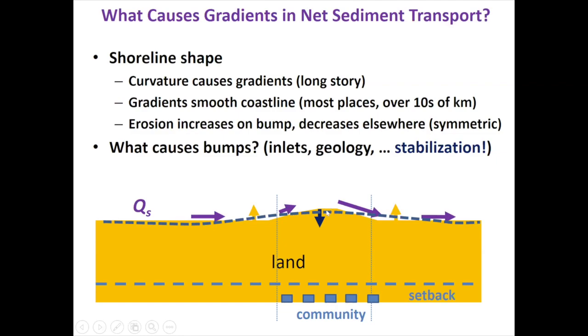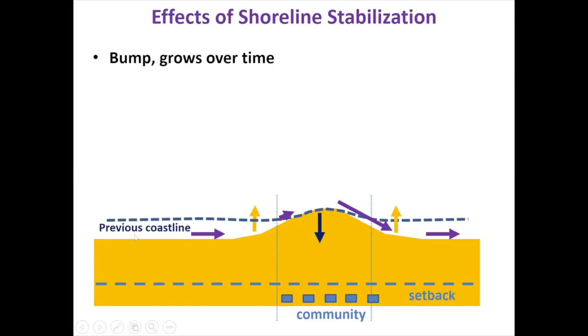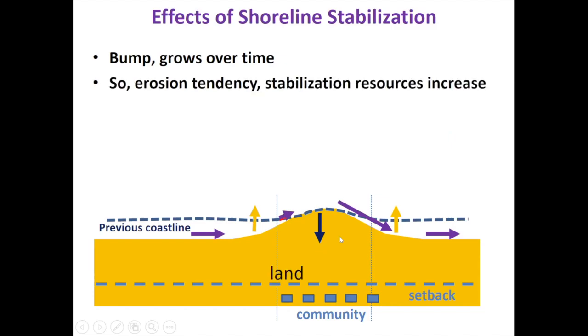But in the long term, if the shoreline in front of the community stays fixed, but the shoreline in areas away from there continues to erode, we're assuming this is an eroding coastline or they wouldn't be doing the stabilization, then we've got a bump in the coastline that gets more exaggerated the longer you wait. And as this bump gets more exaggerated, the longer you wait and the farther the other parts of the coastline recede, then the curvatures are getting larger over time, progressively larger.